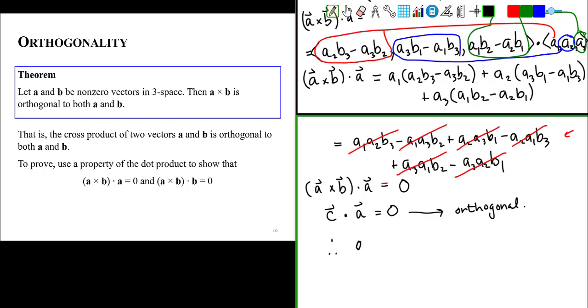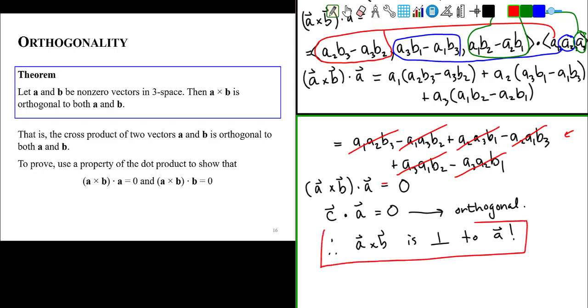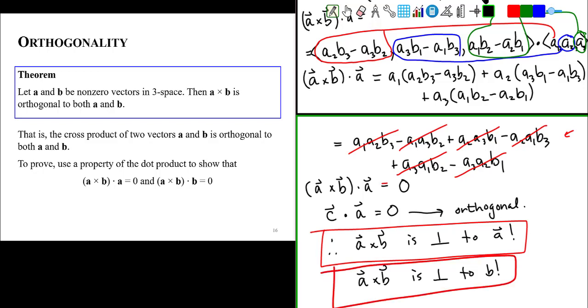Therefore, the vector A cross B is perpendicular to vector A. We could do the exact same work that we just did here to show that A cross B is also perpendicular to vector B. With this said, we know that the vector formed from the cross product of A and B is perpendicular to both the vectors that comprise it.